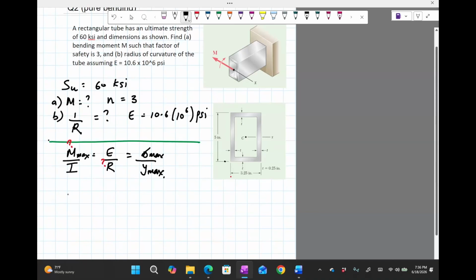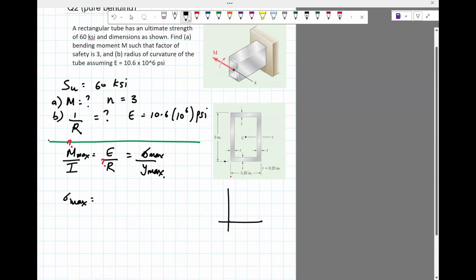Okay, so sigma max. Now, SU, as you remember, is basically that point, and this is SY. In this case, you could take SU and use that to figure out a design criteria, but what they want to do is wrap in a factor of safety of 3.